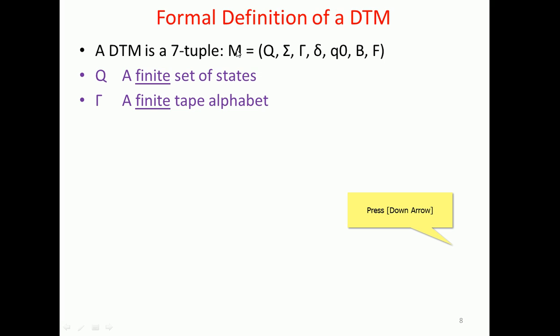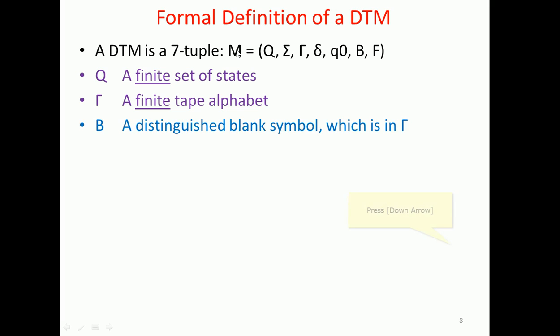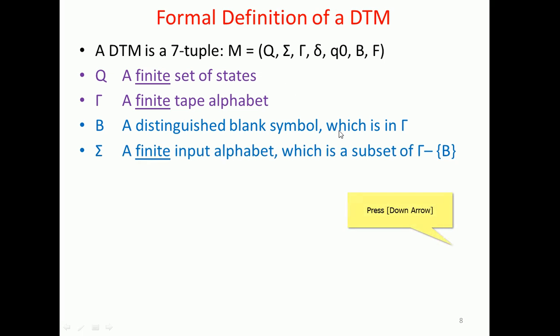Lambda is the finite tape alphabet, the alphabets related to the tape. B is the distinguishable blank symbol which is in this lambda. Sigma is the input from the real world, in terms of alphabets or alphanumerics, which is a subset of lambda, that is, lambda minus blank.